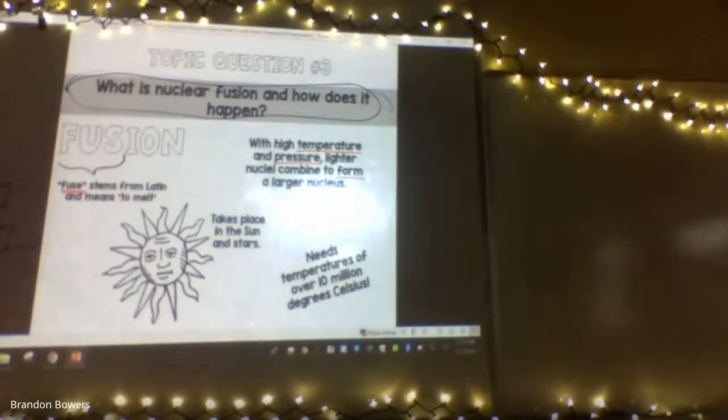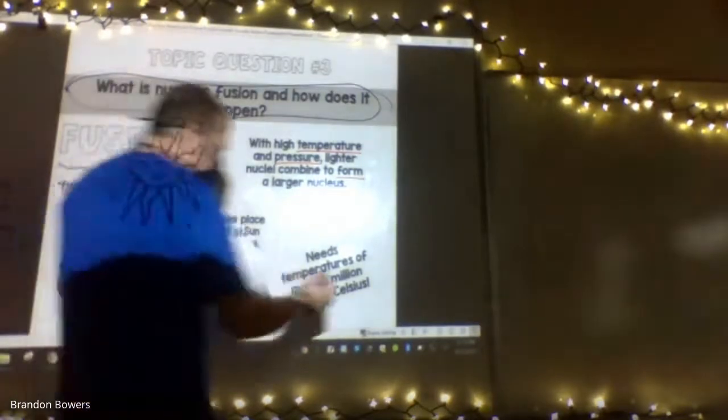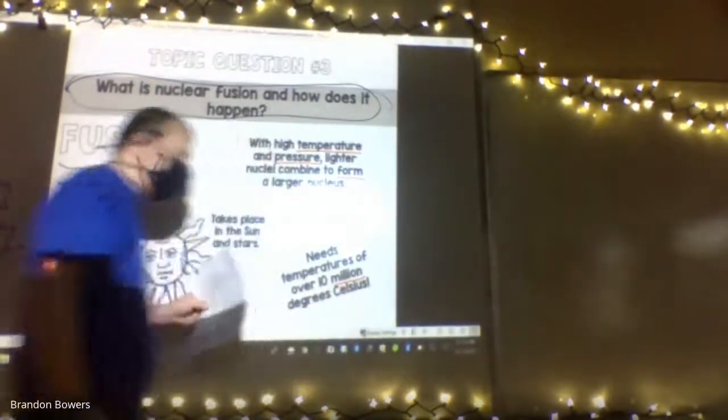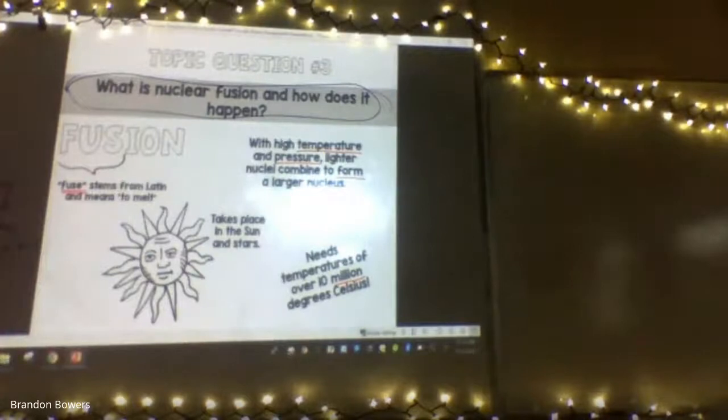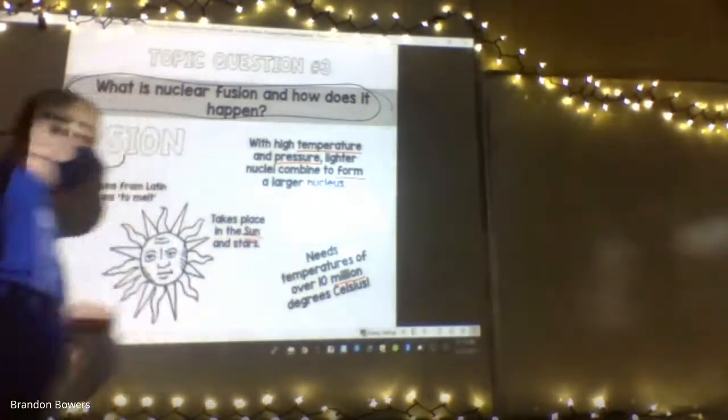This needs temperatures over 10 million degrees Celsius. That is insanely hot. And that's why it only takes place, as of now, in the sun and other stars.